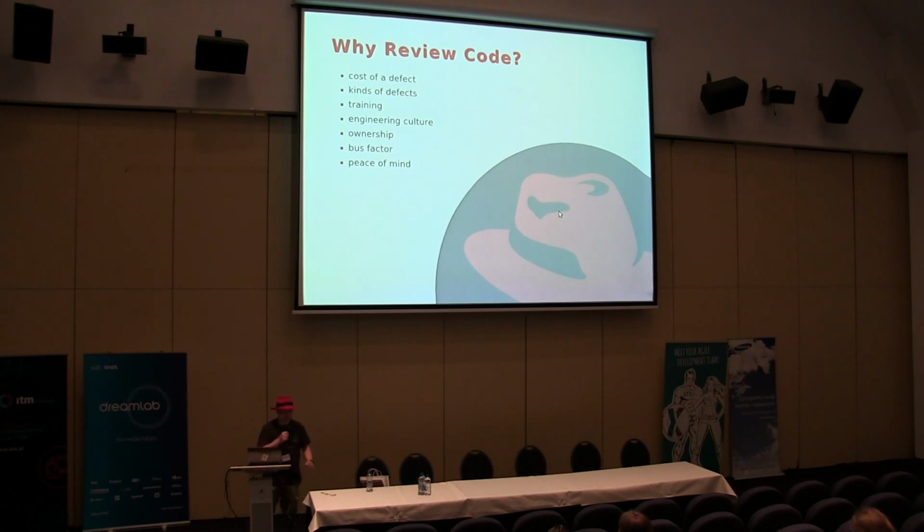Second thing is QA and testing and all that, they catch specific kinds of defects. They won't catch all possible defects. And code review also catches only specific defects. It won't catch everything possible.